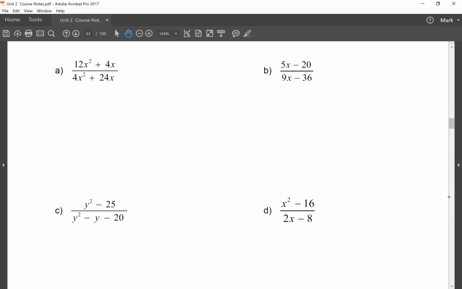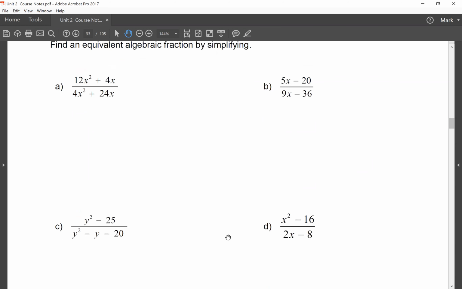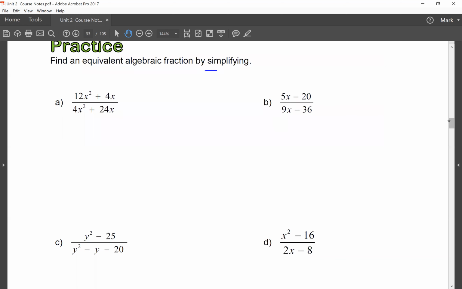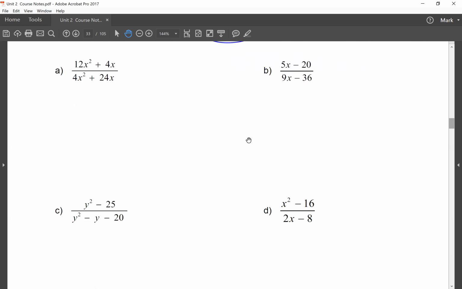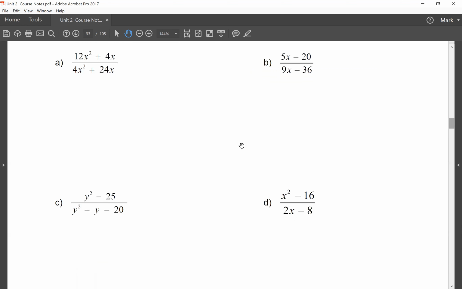So question number C. If this was a test, a final exam or an assignment, this would say simplify. So I want to see, is there any way I can make question number C simpler? Well, I start to think about all of my factoring tips and tricks, everything I've done with factoring.